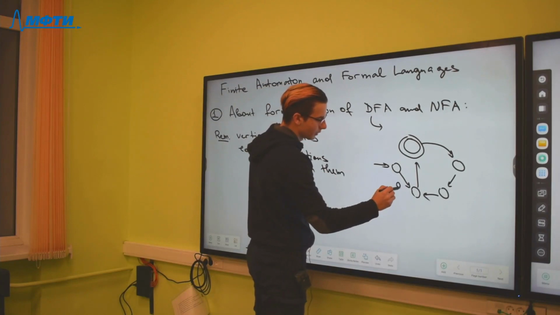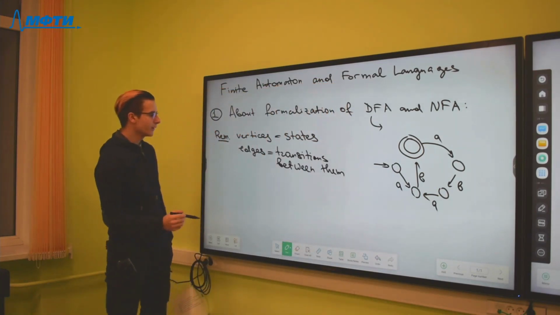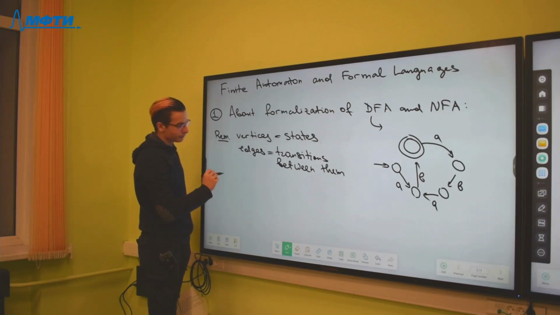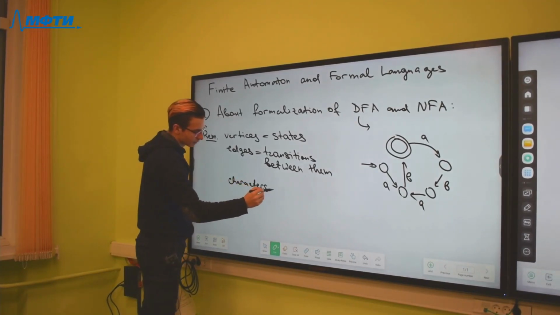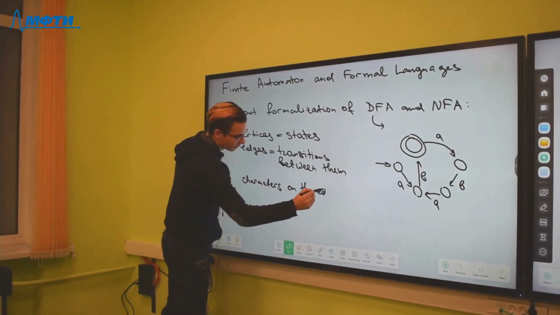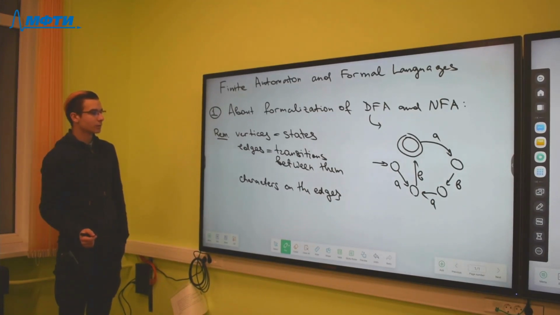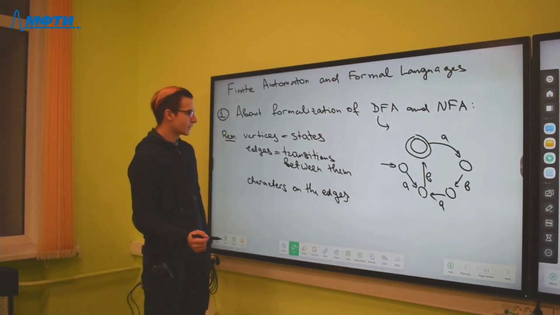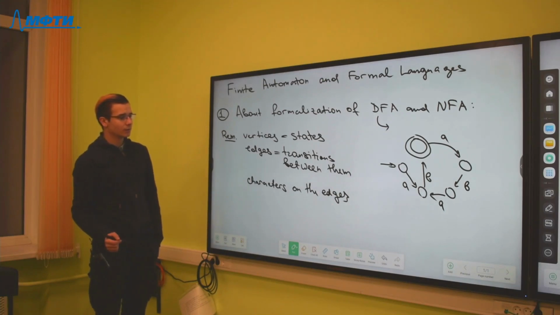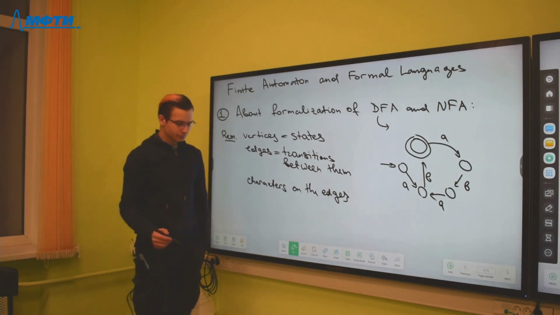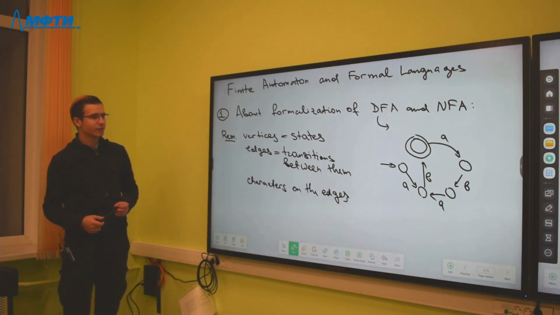Each edge has a character on it. It is an informal representation, and in the previous lecture I wrote the axioms of the finite automaton and pointed out the difference between these two.